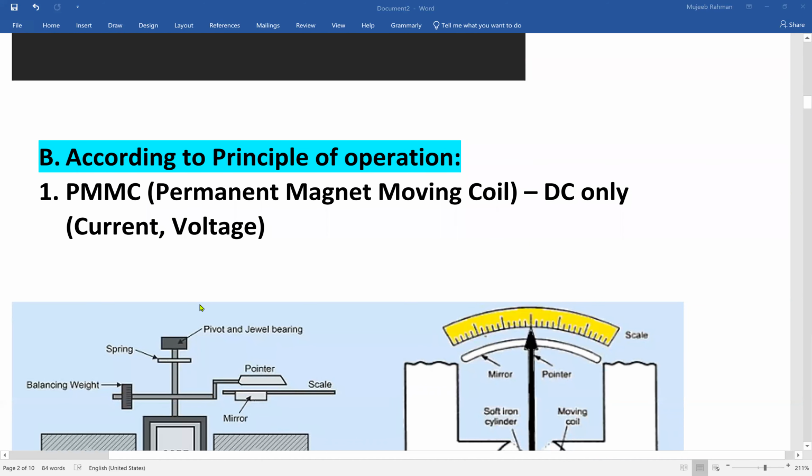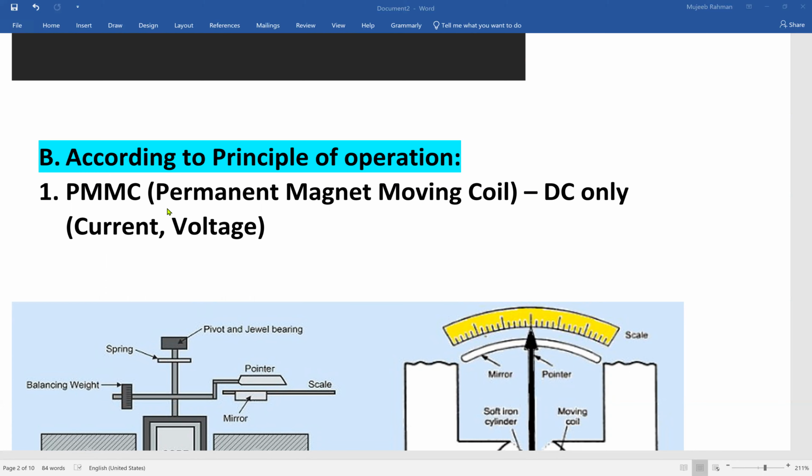Now let us look at how the instruments are further classified, based on the principle of operation. The first kind of instrument is the PMMC instrument. PMMC stands for Permanent Magnet Moving Coil instrument.